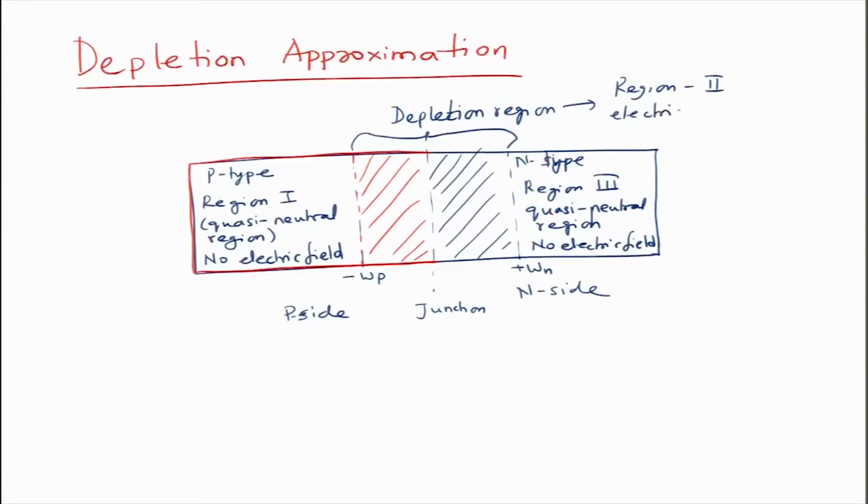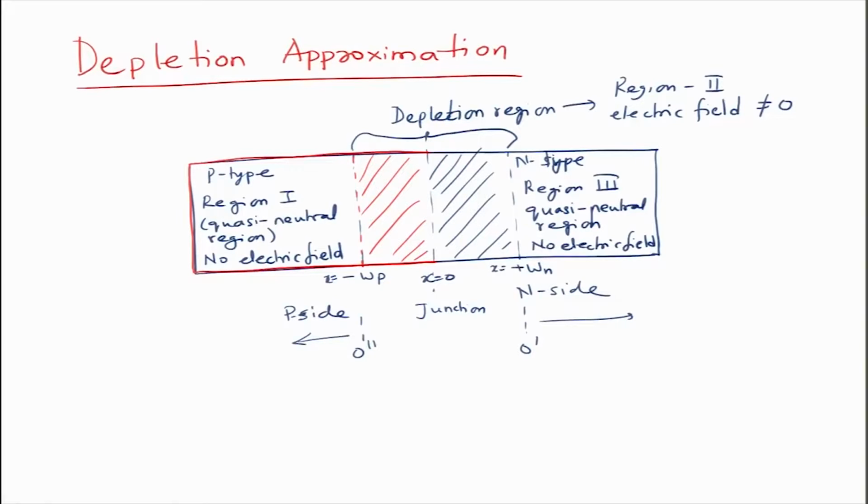So, electric field is not equal to 0, okay. So, this is at x is equal to 0, this is at x is equal to minus Wp, this is at x is equal to Wn, and you can either change the origin to 0 prime, 0 double prime, or you can keep the same origin, just that you have to change the limits.